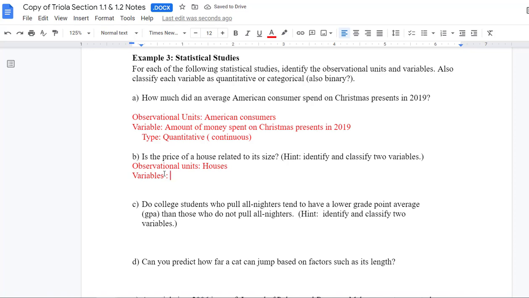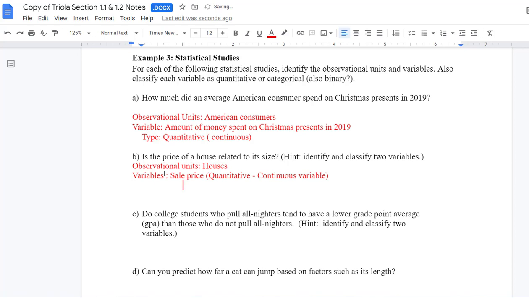It's the price of a house. So we're going to say sell price is one variable. And what would you say this is? Quantitative or categorical? This is an amount, so this is going to be quantitative and continuous. And what's our other variable?